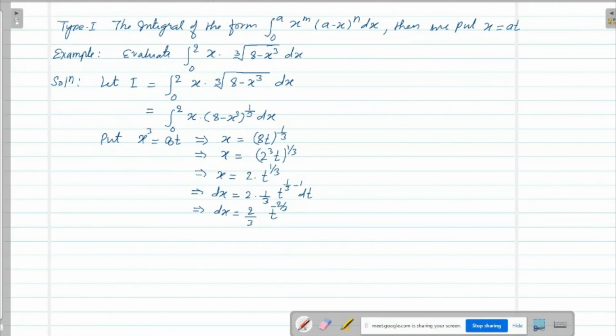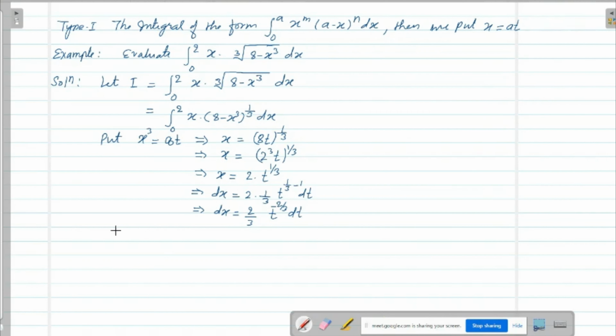Now, whenever you use substitution, just change the limit. So when x equal to 0, then t equal to also 0.